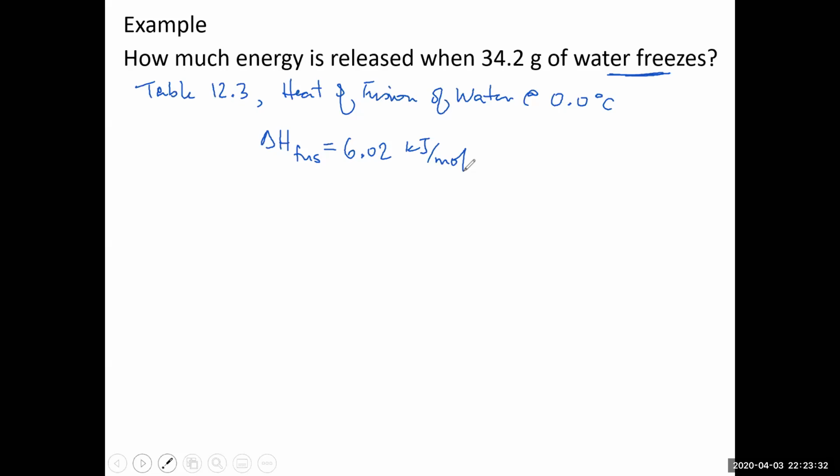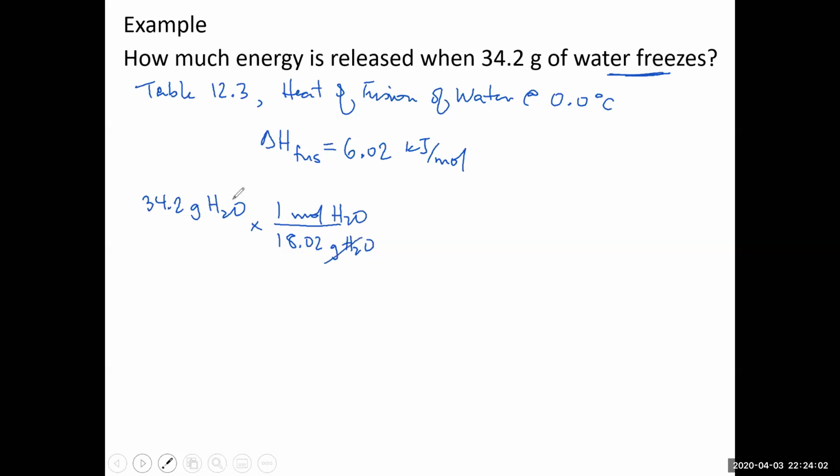Now we'll solve this problem very similar to how we solved the previous problem. So we'll start off with 34.2 grams of water. We'll need to convert that into moles of water before we can use the heat of fusion. We see that we have 18.02 grams of water for every 1 mole of water.